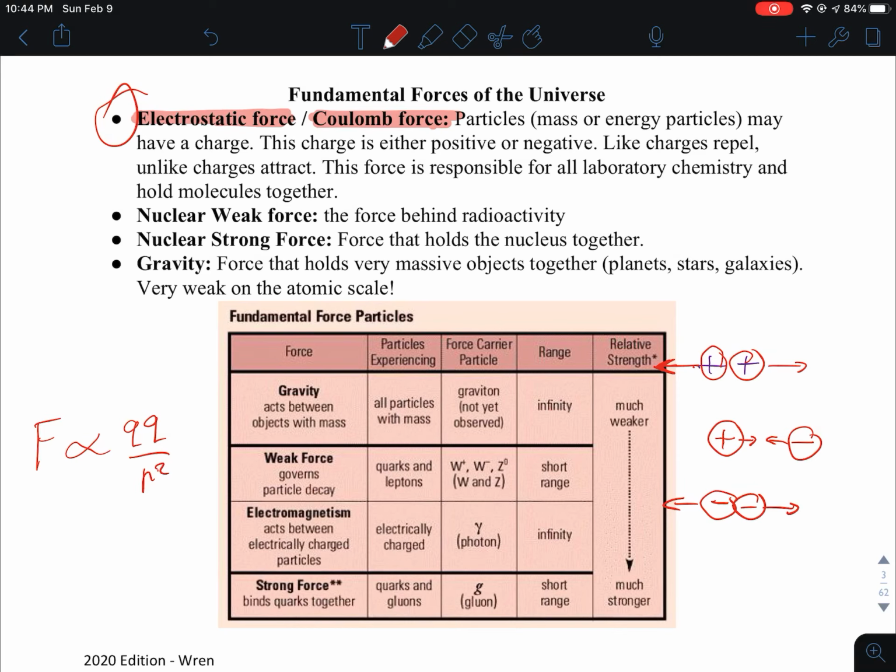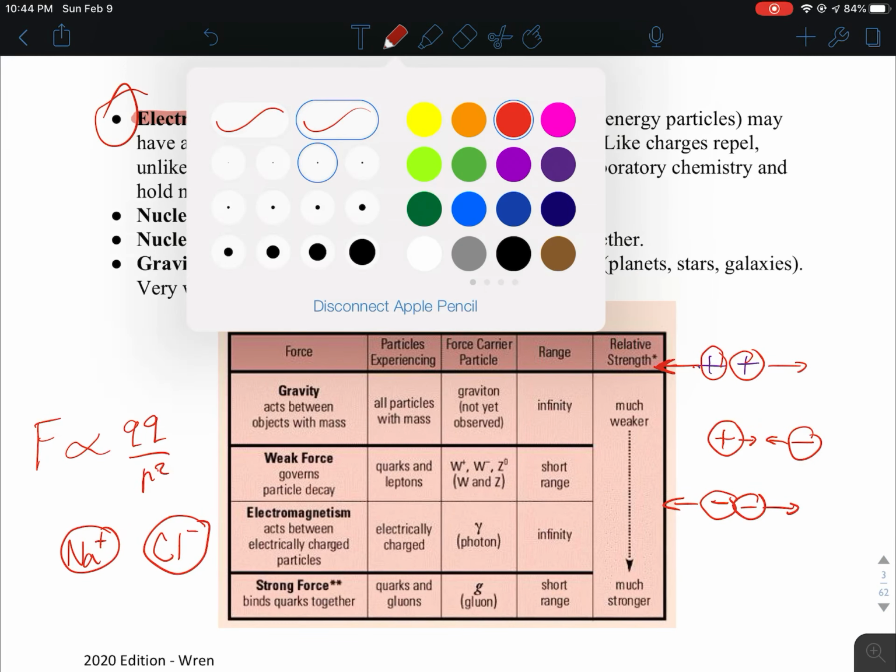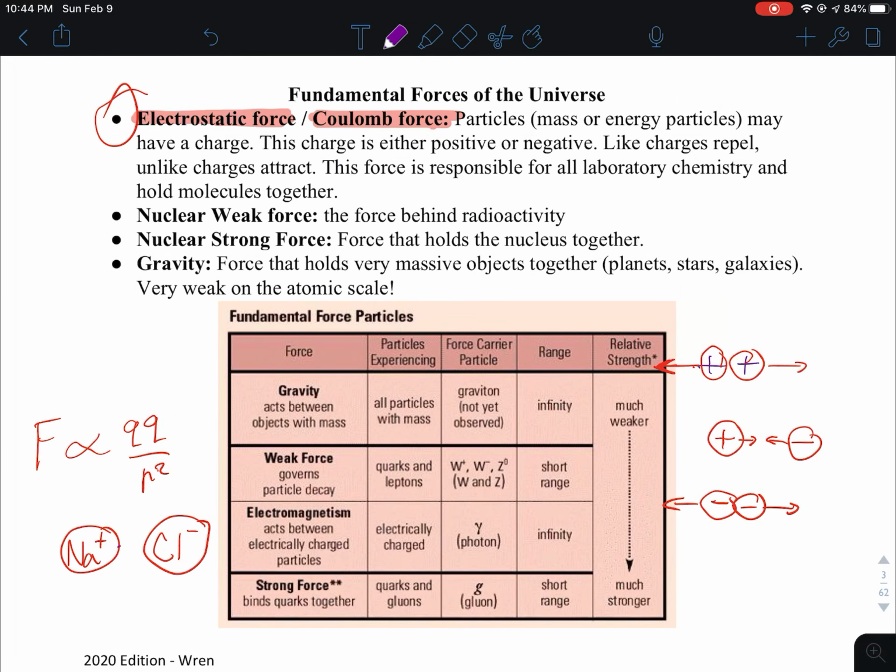So in the case of, say, a sodium ion and a chlorine ion, thinking about the force of attraction, we can take one atom and picture the force as trying to reach the center of the other atom.